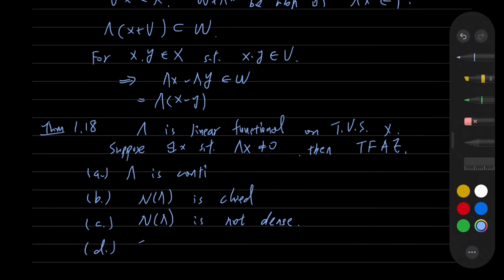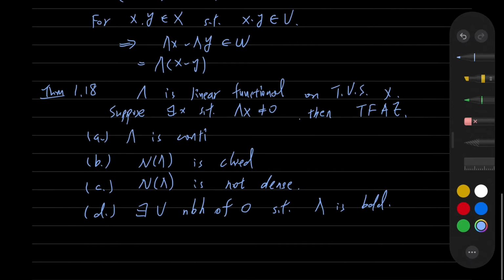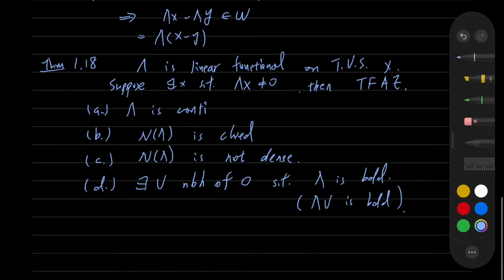D: there exists a neighborhood V of 0 such that lambda V is bounded, which is just the same as saying that lambda V is bounded.